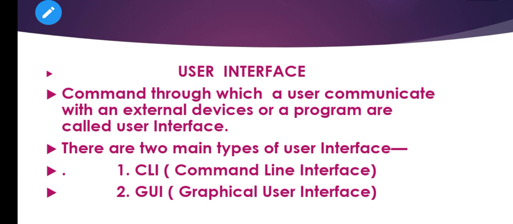We'll see here there are two main types of user interface. First is CLI, second is GUI. Full form of CLI is Command Line Interface. Full form of GUI is Graphical User Interface. Now, let's see the first type of user interface. What is CLI?